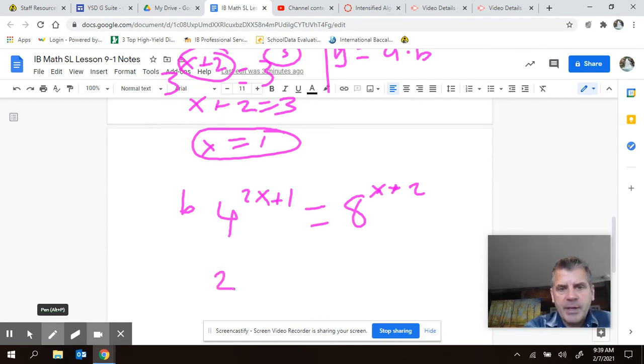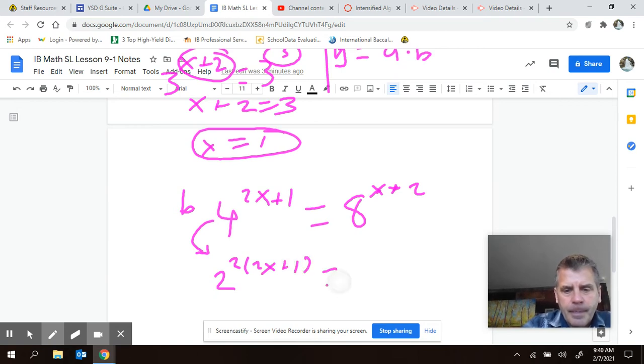Now, because 4 is being raised to the 2x plus 1, if I rewrite 4 into 2 to the something, that's 2 to the second power, that's going to be wrapped around and multiplied with this 2x plus 1. Hey, 8's the same thing as 2 cubed. So similarly, we're going to go 3 times the quantity x plus 2 on top.